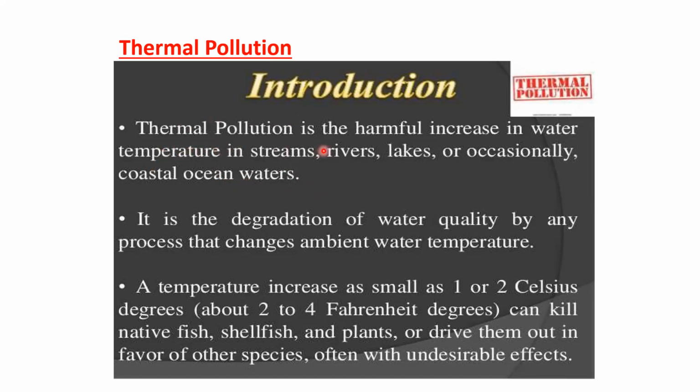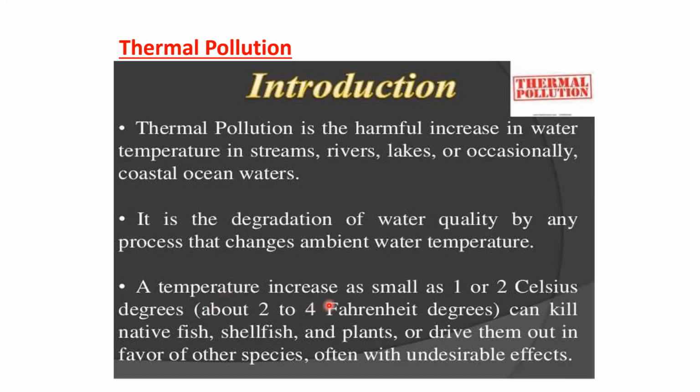Thermal pollution is the harmful increase in water temperature in streams, rivers, lakes, or occasionally coastal ocean waters. How is it harmful? It is the degradation of water quality by any process that changes ambient water temperature, because in most cases hot water is mixed with the natural water outside. So it changes the ambient temperature and degrades water quality.